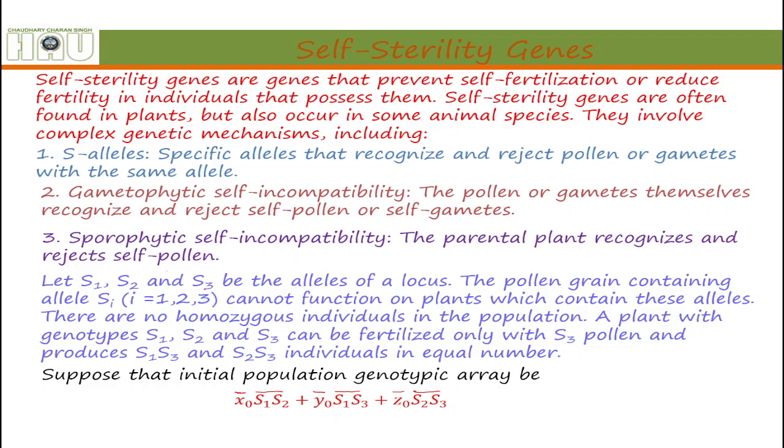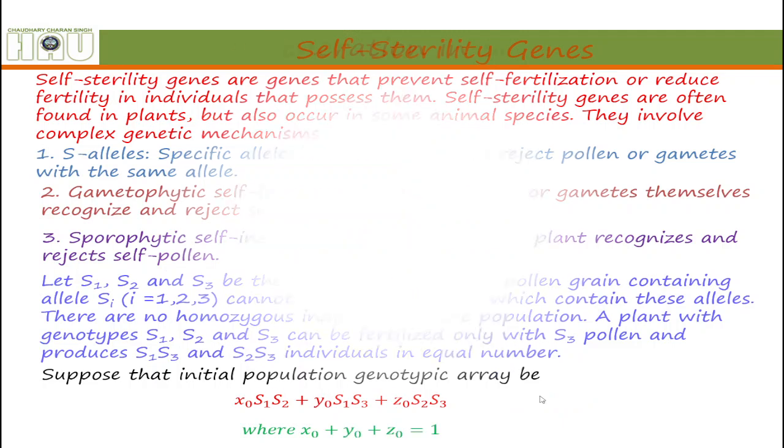So this is my initial population, with the condition that X0 plus Y0 plus Z0 is equal to 1. Means their sum is equal to 1.